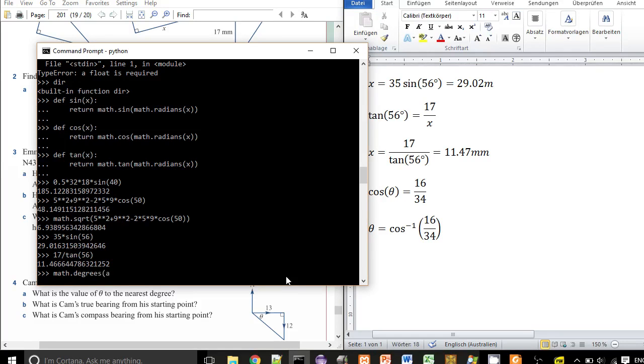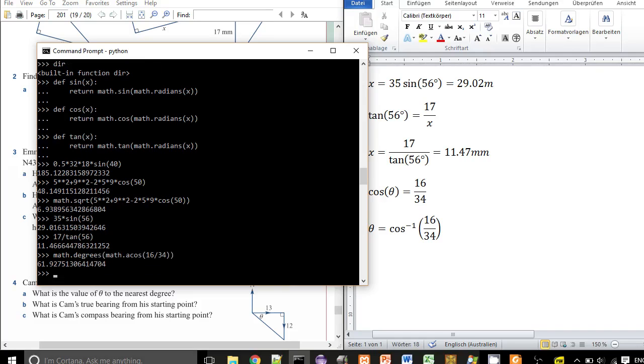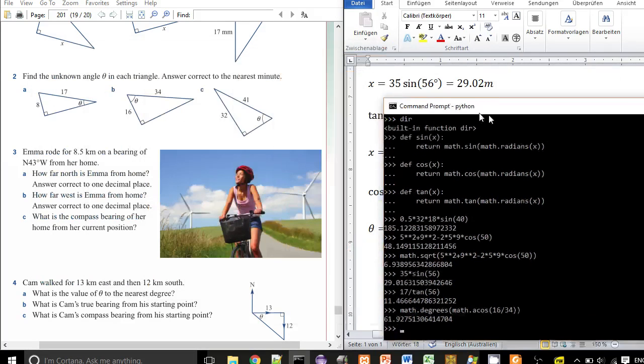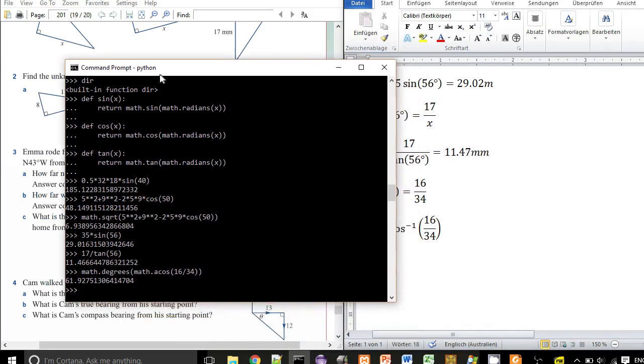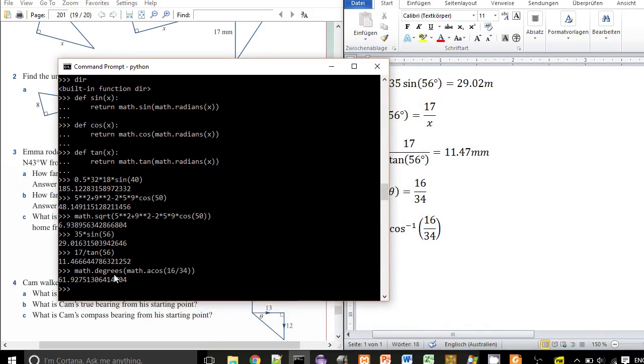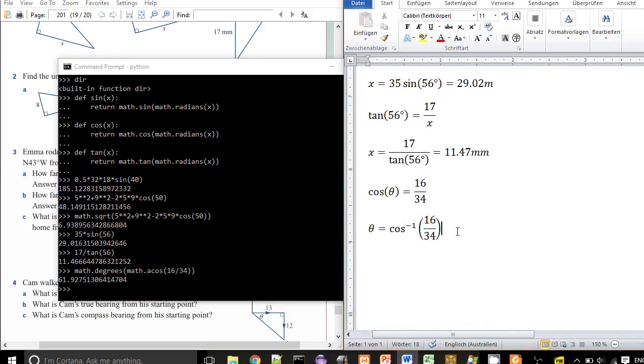Convert it to degrees. Okay, 16 over 34. I guess 61. What does it want? Nearest minute. Okay, this one doesn't convert. So it's going to be 61 degrees.